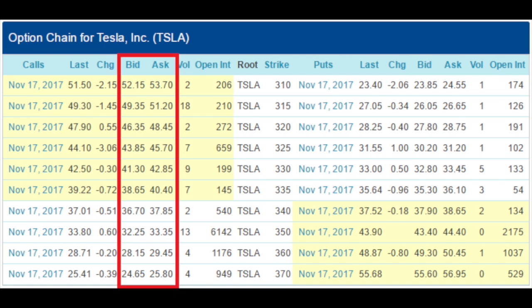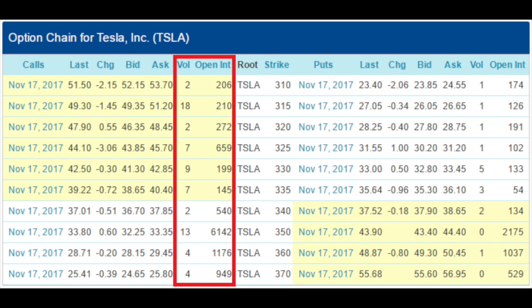This is how much investors are offering to buy the option and how much investors are asking to sell an option. When you sell an option, people say you are writing an option, and when you buy an option, you are just buying a put or call option.